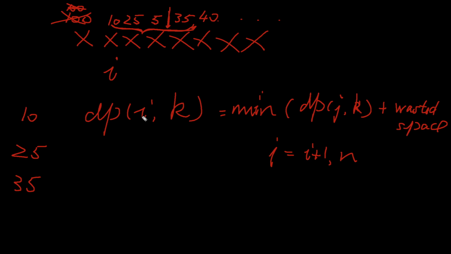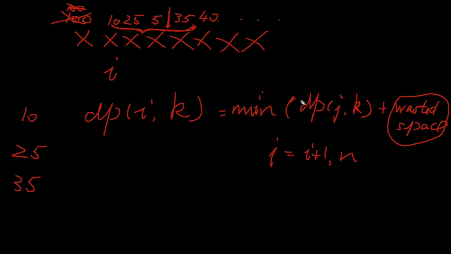Which means that from i here, we'll loop through each number from the current i to the end, right? And we'll be maintaining the maximum number so far, because that's going to be the number we need to resize to, because otherwise we cannot cover the entire range, right? And if we maintain the maximum number along the way, I think we can use O(1) time to calculate the total wasted space, right?